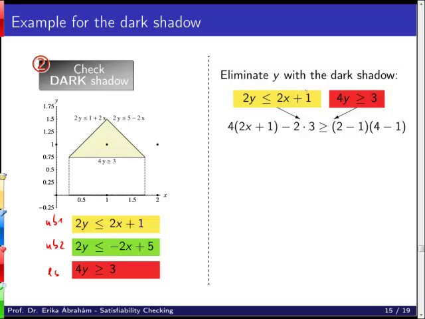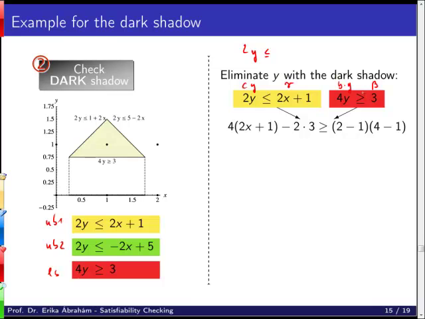So I want to eliminate y, so I have b y, c y less than or equal gamma. That's why this is the upper bound, gamma. The coefficient is c, and y is my variable. And this is the lower value, so this is beta is less than or equal to b times my variable y. And if I substitute this b, beta, c, gamma in my inequation, then I get this one.